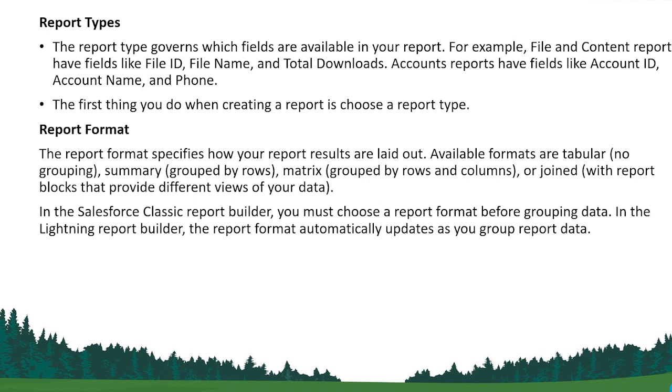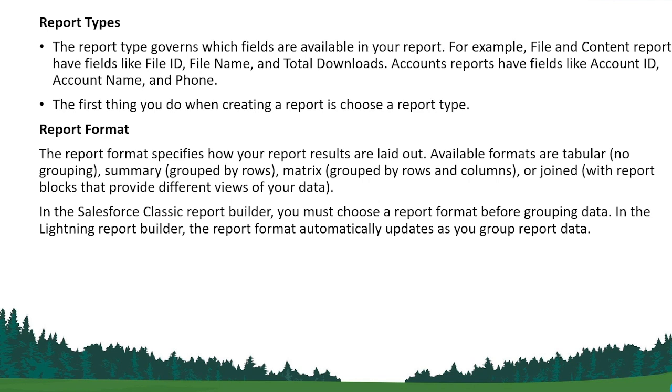So I am categorizing those report formats in the tabular format, in the summary format, in the matrix format, or in the join format. In the tabular format, we are just representing the reports in the form of attributes and tuples, that is columns and rows.